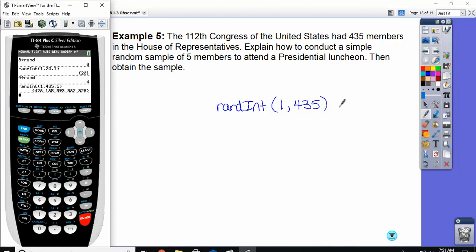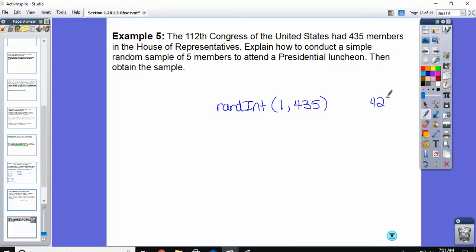You can include that here, or once you get the first one, you put that in and it tells you 428. If you just hit enter again, it'll repeat it and you can get the next one. You just keep hitting enter until you get all 5 numbers. And so then you would write down the representative that corresponds to each of those numbers and you would have your sample.